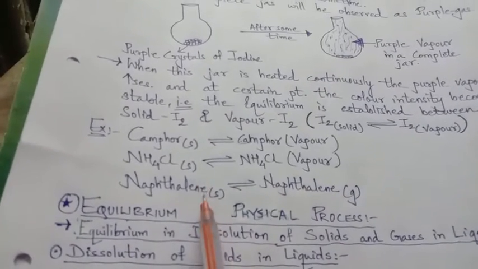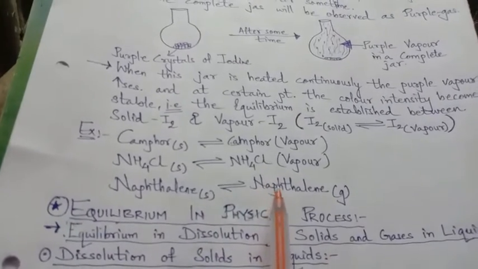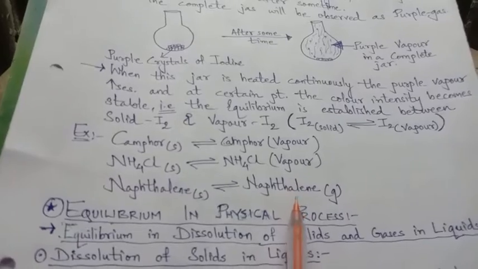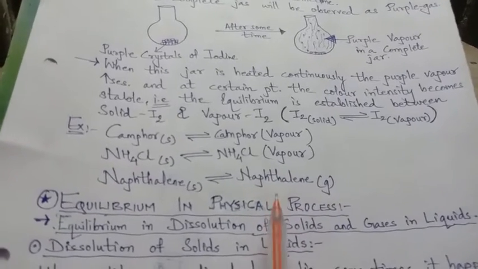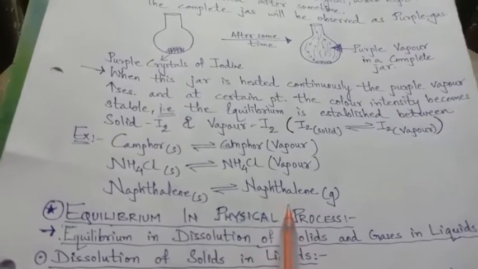Normally, if a solid melts, there should remain some liquid over there. But we do not find any liquid and nothing is left over. It means it has vaporized into the gaseous form.